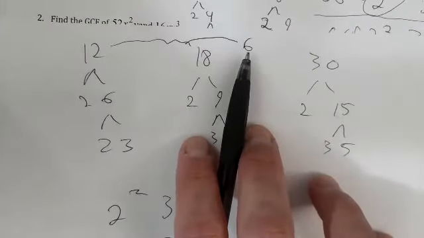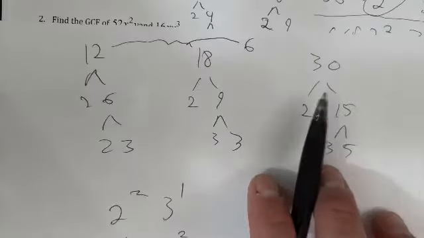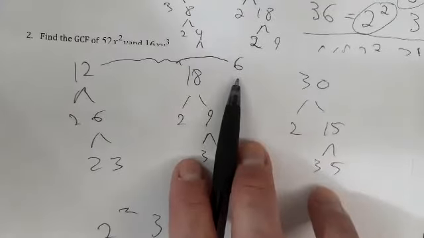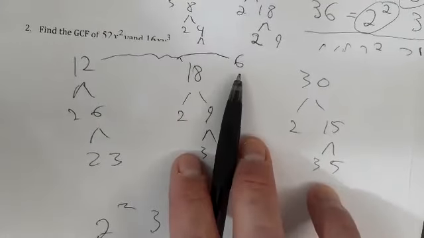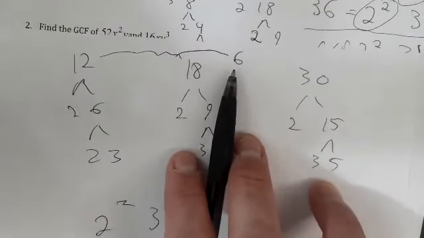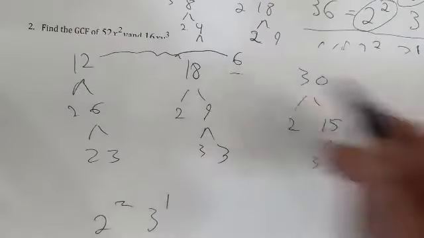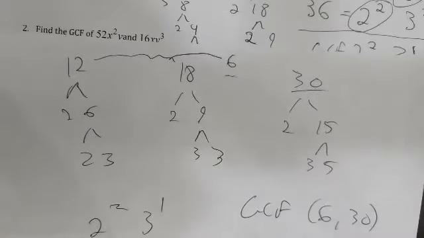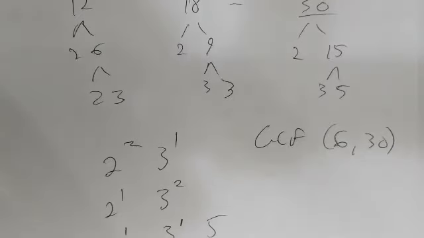Now I'm looking at between 6 and 30. So if you want to take 2 at a time and find their GCF, you can do that as well. That's another way to set this up. You can take 2 at a time, find their GCF, and now we're looking at a GCF between 6 and 30. So if it helps to look at 2 at a time, that is absolutely an approach you can do.